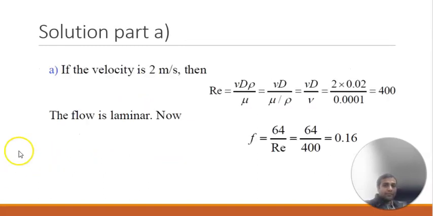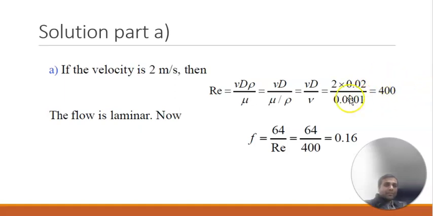To do that, first, when the velocity is 2 meters per second, we use that formula. We've got Vd over mu, the viscosity over the density, and that's the kinematic viscosity. The velocity is 2, the diameter is 0.02 meters, and that gives us the value of the Reynolds number.